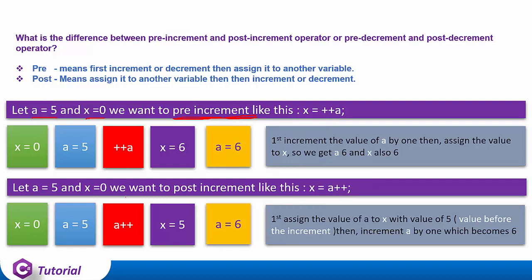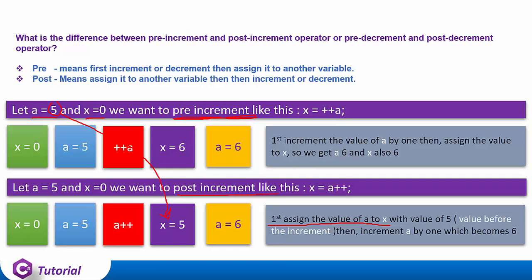What about the post-increment? The post-increment works in a different manner. First, we assign the value to x. So what's going to happen? First, the 5 will go to x.